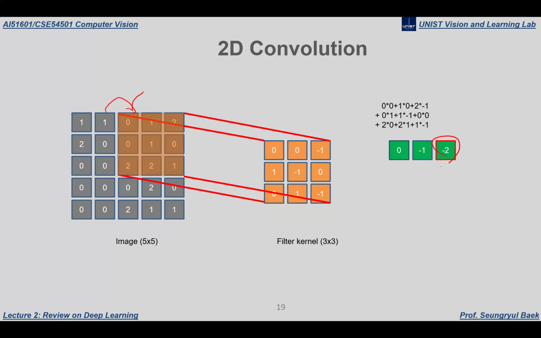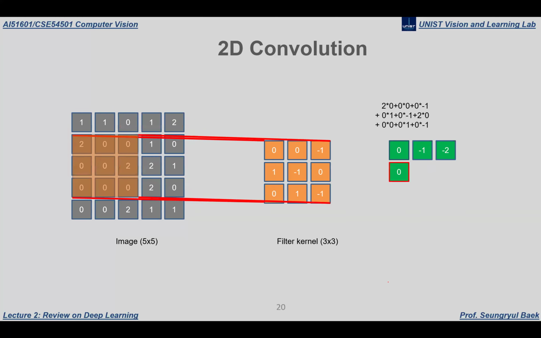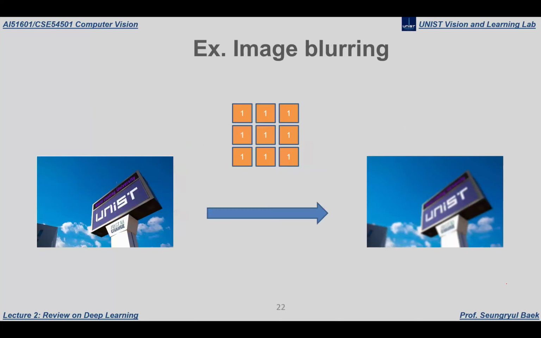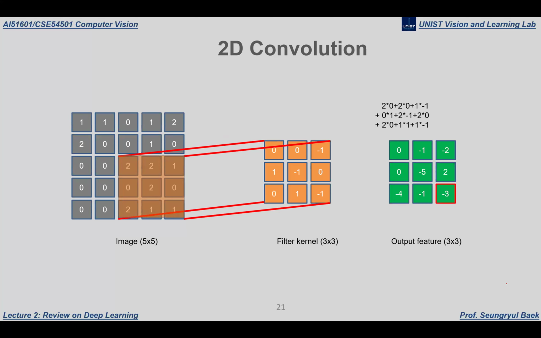If you reach the rightmost pixel, then you go to the row below and go back to the leftmost, like this, and do the same to calculate the next output. It is done iteratively until you reach the right and bottom pixels. Are you guys understanding this?